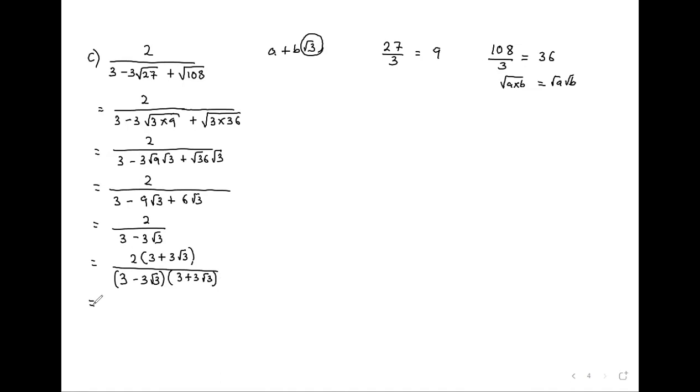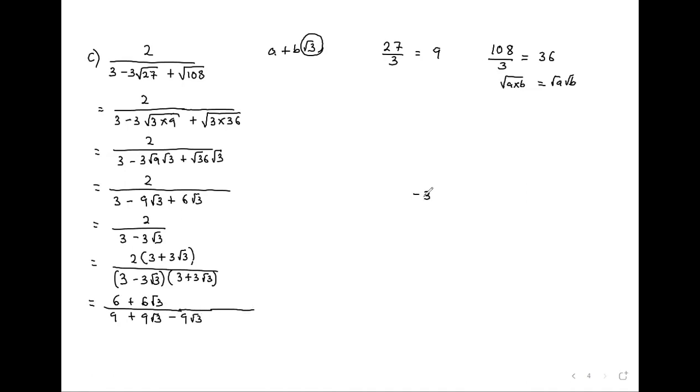So that you can get 2 times 3, 6. 2 times 3, 6. Over 3 times 3, 9. Minus 3 times 3, 9 root 3, meaning plus, and then minus 3 times 3, 9 root 3.